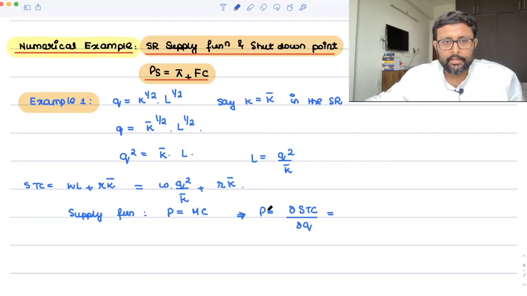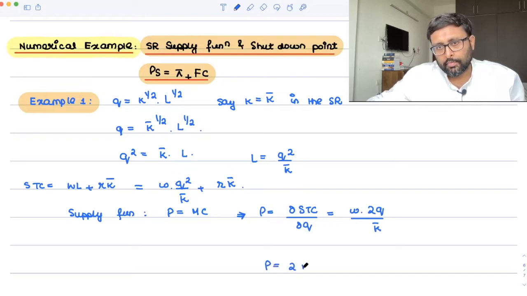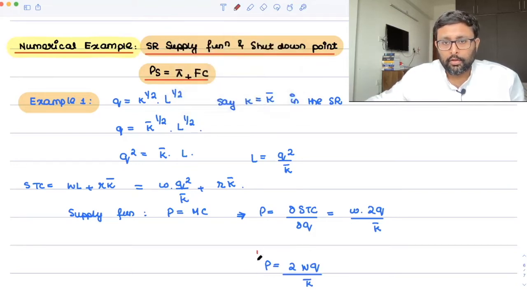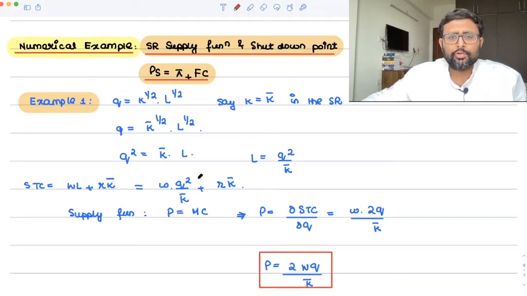So what is dTC by dQ? It is W times 2Q by K bar, that is 2WQ by K bar. This is what my short-run supply function will look like.